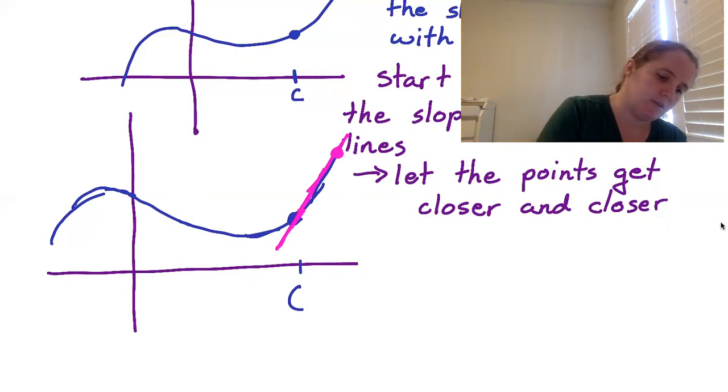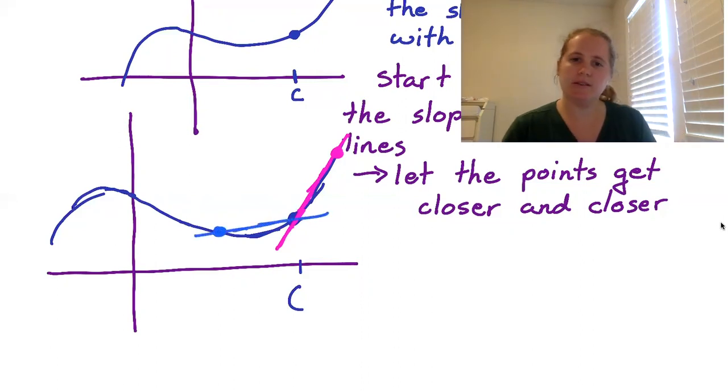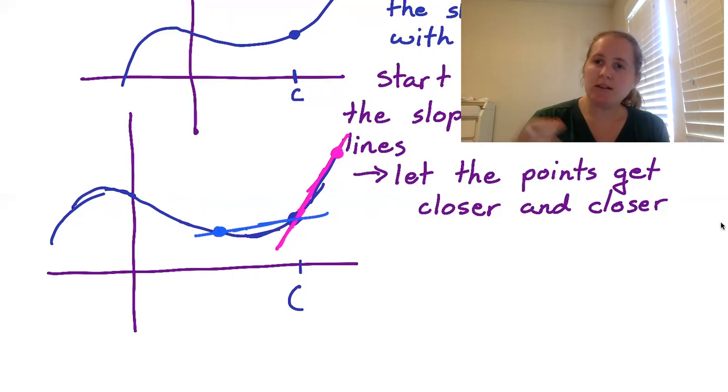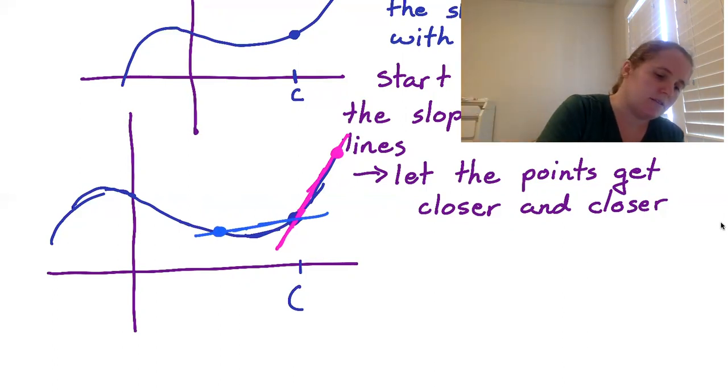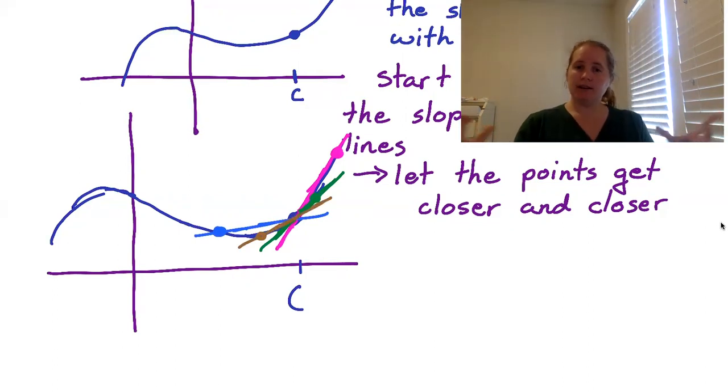Similarly, I could pick a point somewhere on the left and study the line that connects that point to C, look at the slope. And then we can let those points get closer and closer together. So another line, maybe we would connect to a point much closer. And on the left, same thing. So we have all these lines which pass through the point at C, and we're studying what happens as they get closer and closer together.